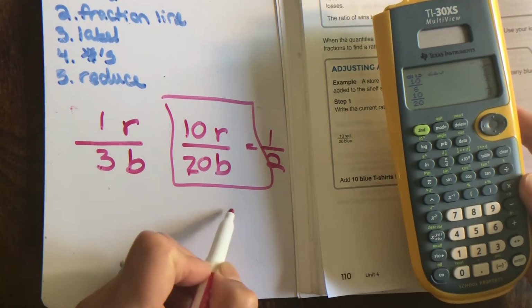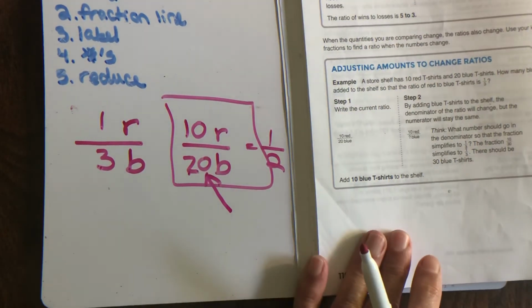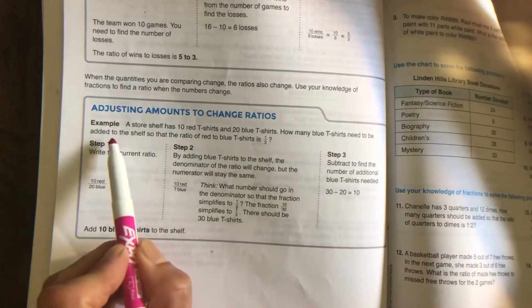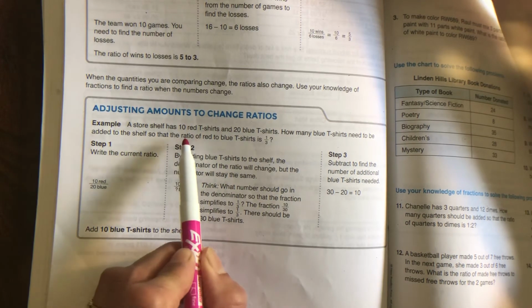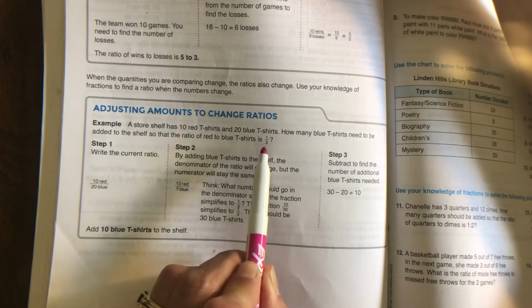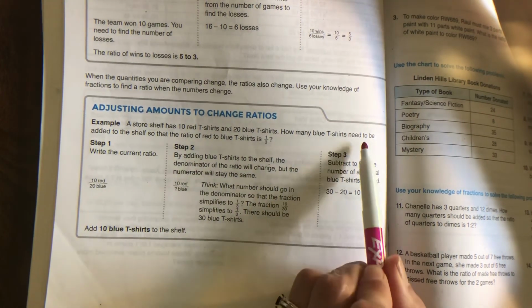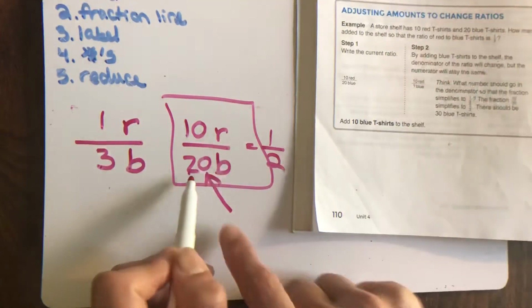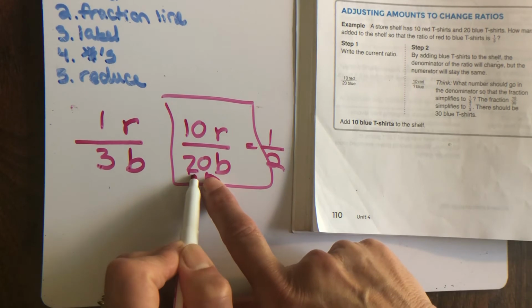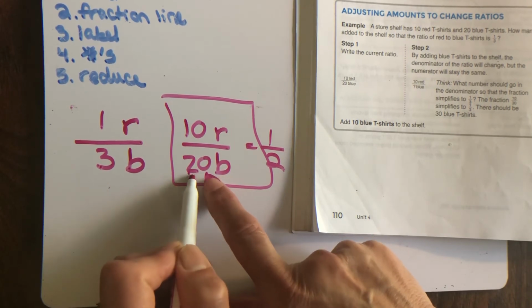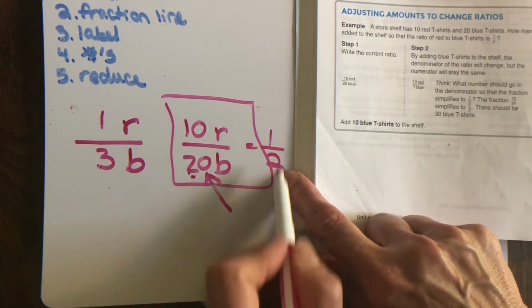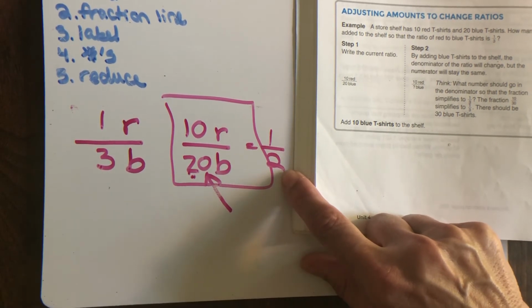So I only want to change, because read your problem: how many blue t-shirts need to be added to the shelf so that the ratio of red to blue t-shirts is 1 to 3? I only want to add blue t-shirts. So if you're going to fiddle, you're just going to fiddle with this number. If I fiddle with this number, what could I increase it to make this equal 1 to 3 or 1/3 if you're just talking fractions?